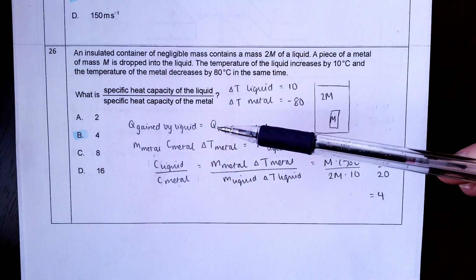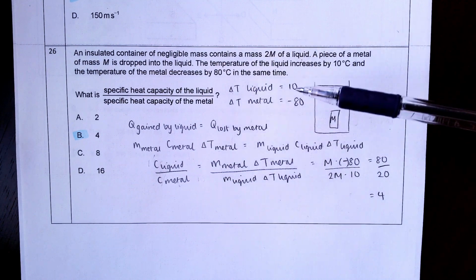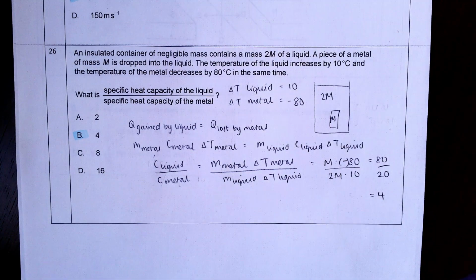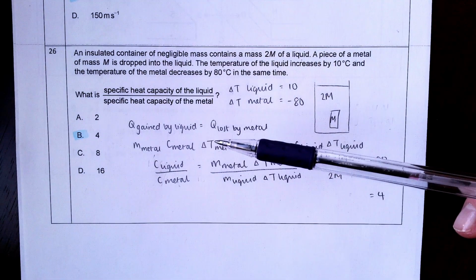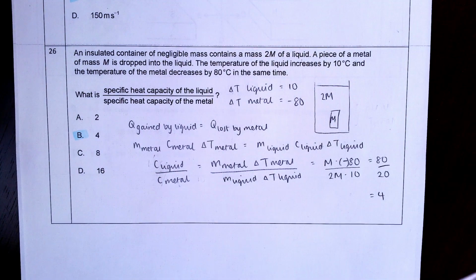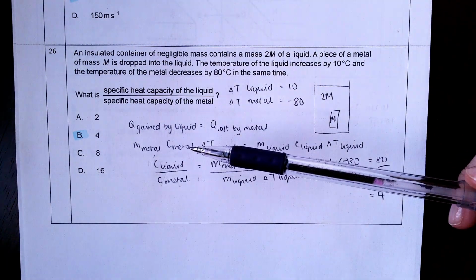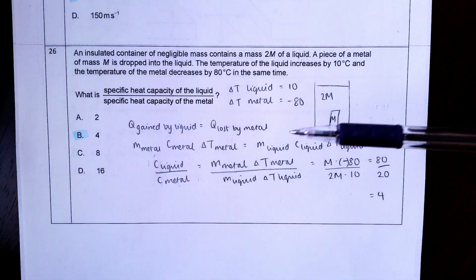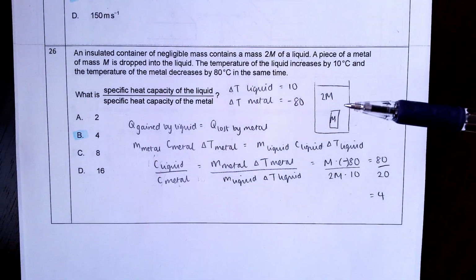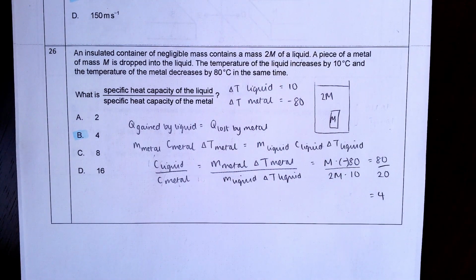So the Q gained by the liquid, the heat energy gained by the liquid, is equal to the Q lost by the metal, the heat lost by the metal. We know that mc delta T is Q. So we've got the mass of the metal multiplied by c of the metal multiplied by the temperature change of the metal must equal the mass of the liquid multiplied by c of the liquid multiplied by the temperature change of the liquid.